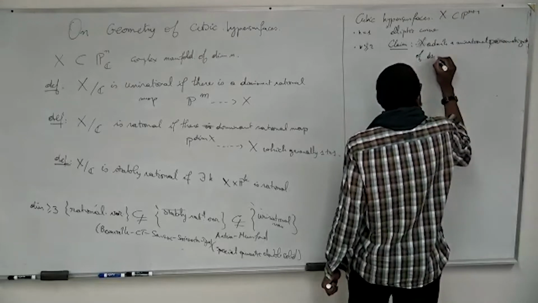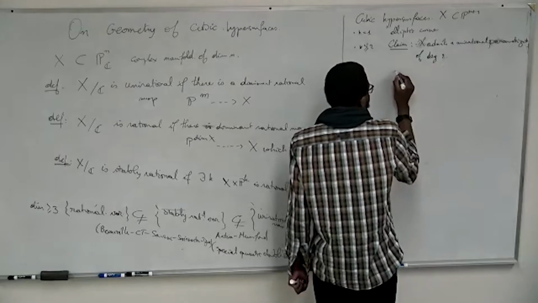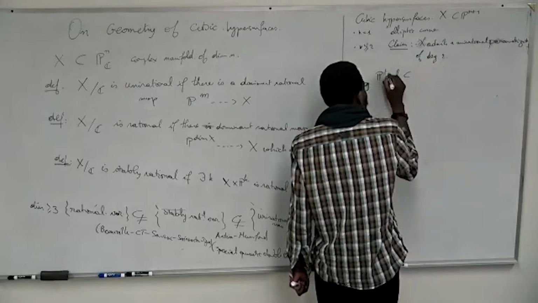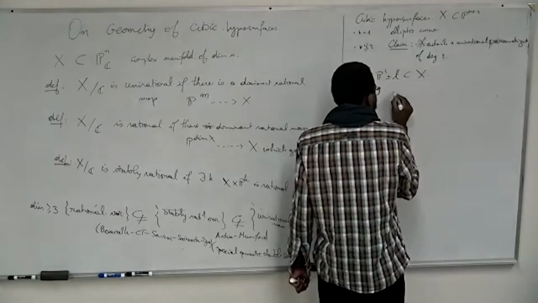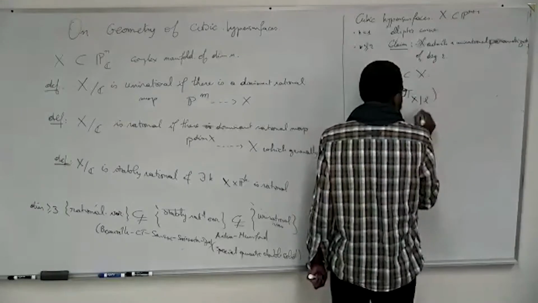Of degree 2. And how is it constructed? I sketch the construction: pick a line inside the cubic, and look at the restriction of the tangent bundle of X to the line.